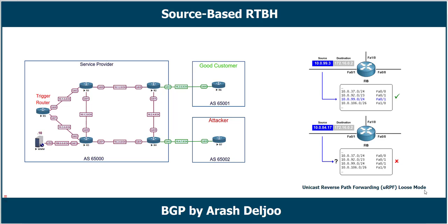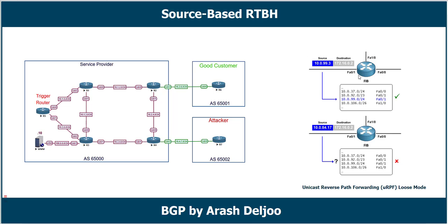If you remember from your previous learning, in uRPF, especially loose mode, when you receive a packet on an interface, you expect the source IP of that packet to be inside the routing table. If it is available, the traffic will be accepted and forwarded according to the destination IP. Don't forget, I'm talking about loose mode, not strict mode.